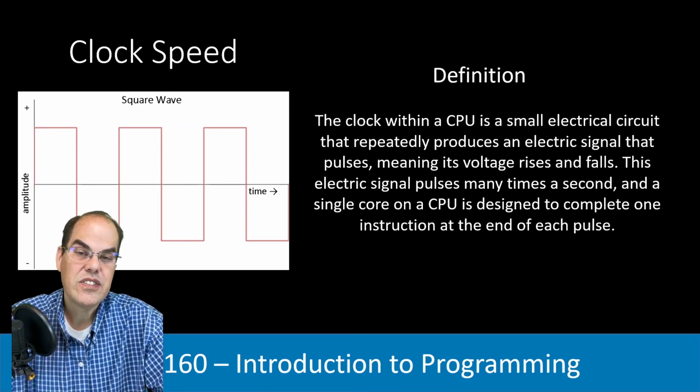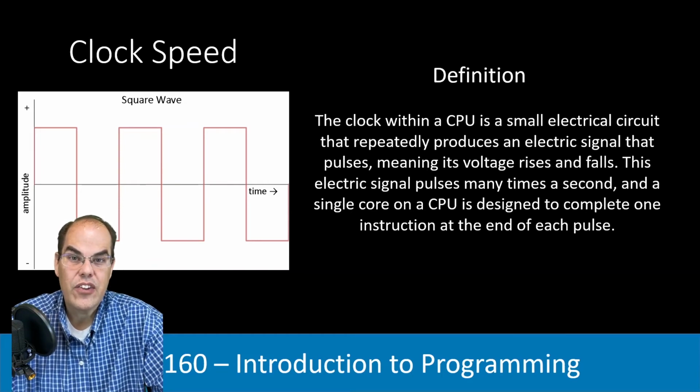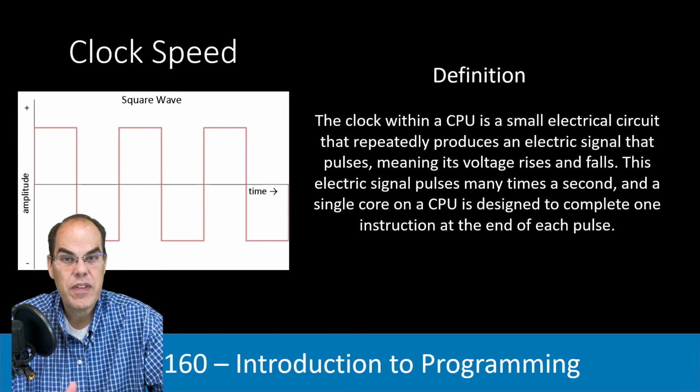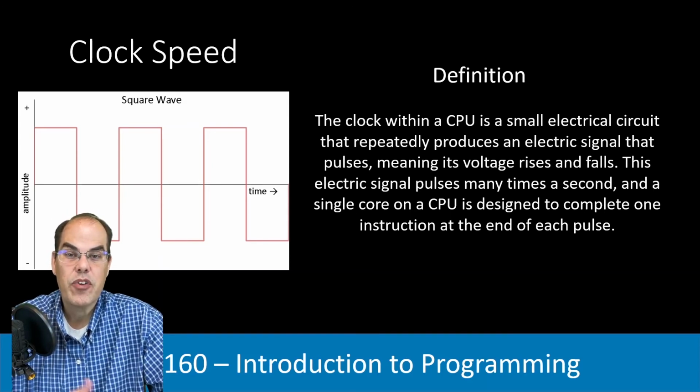So if you have a single core processor running at 2 gigahertz, you can do 2 billion instructions per second. If you have a quad processor, that's 8 billion instructions per second. So just know that you have your clock speed, but then you have to multiply it by the number of cores that you have for how many instructions per second it can process.